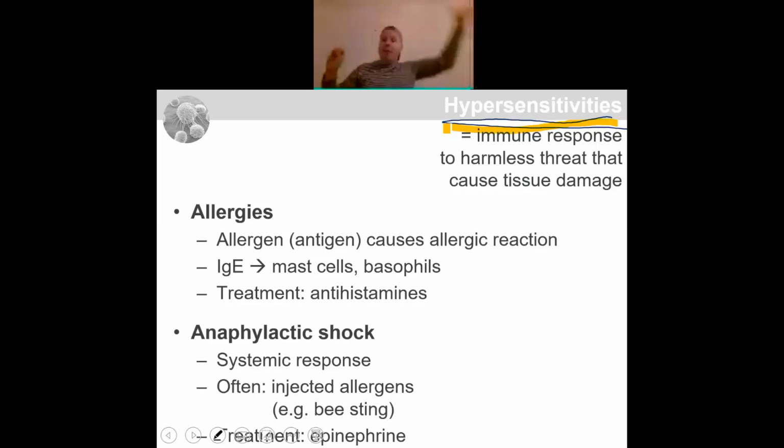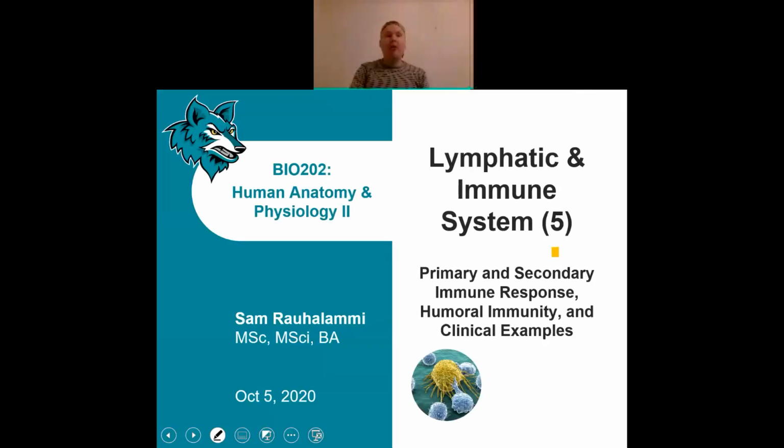But rather than just dealing with it and getting rid of them, your body goes crazy and starts attacking this small threat super strong. That's why you get these allergic reactions. They're over the top. Anaphylactic shock is a worse version of an allergy. It's a totally over the top response to something that's not really a big deal. So that can be another example.